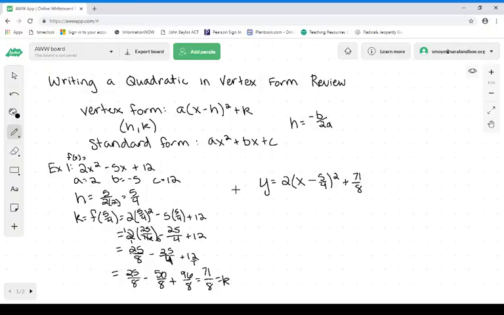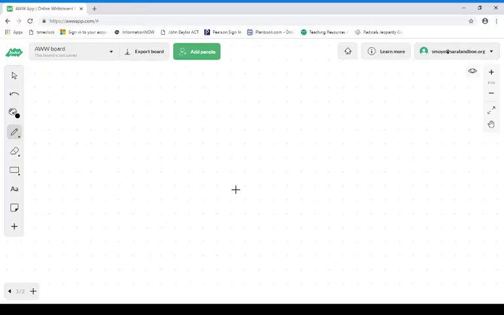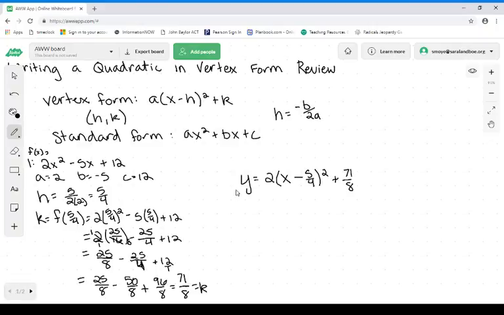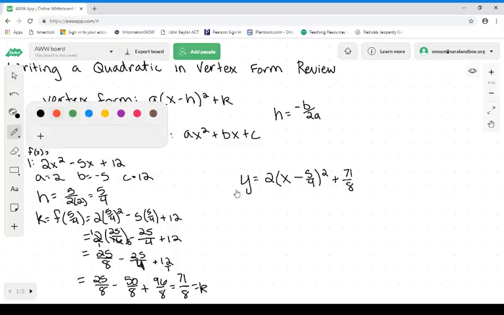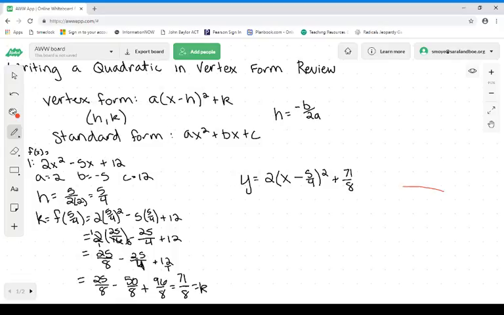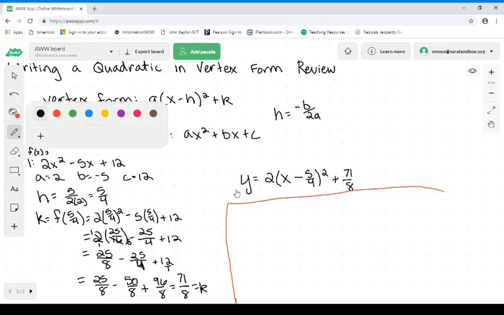How about y'all go ahead? I'm going to come to this next page over here, and y'all do the second example. Actually, let me come back here so y'all can see the process. How about that? So I'll do it in a different color. Let's do example 2.